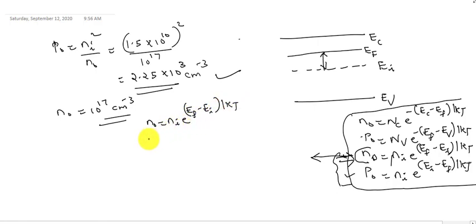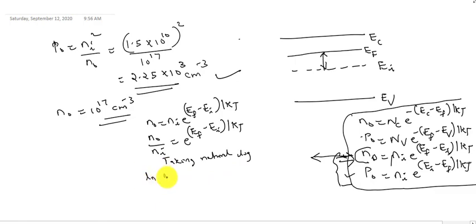and from this, N0 by Ni is equal to e raised to Ef minus Ei by kT, and we have to find the value of Ef minus Ei. So taking natural log, we get ln of N0 by Ni equal to Ef minus Ei by kT, since the natural logarithm cancels the exponential.